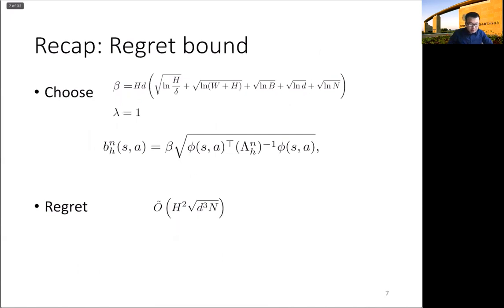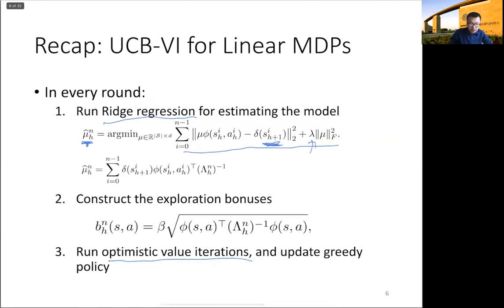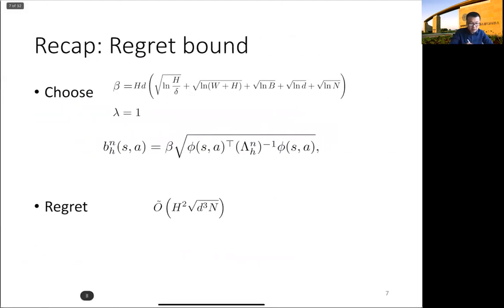The theorem says that if we choose the regularization parameter of the ridge regression lambda to be 1, and we choose this beta parameter, which is the exploration bonus, to be a somewhat more complicated quantity, but mostly polynomial in H and d together with some logarithmic factors, then together they yield a regret bound that is square root in n, where n is the number of episodes.